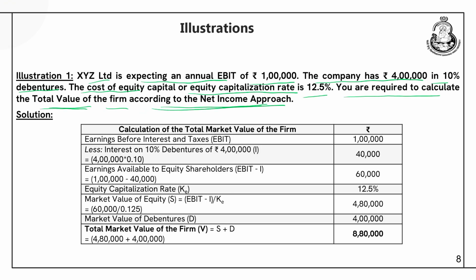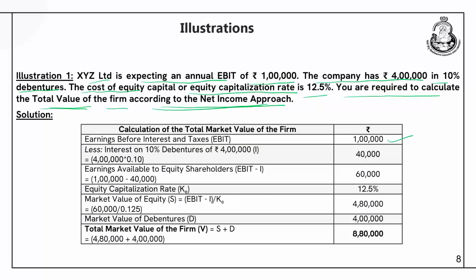So, let us start. Calculation of the total market value of the firm. EBIT is given as 1 lakh in the question. Whenever you have questions on capital structure or leverage, the starting point is the EBIT, that is earnings before interest and taxes. From there you start. You deduct interest on 10% debentures.